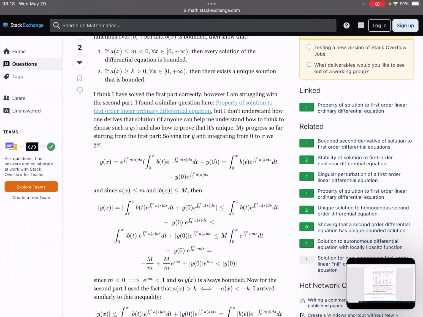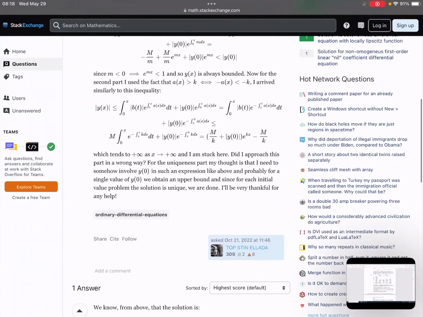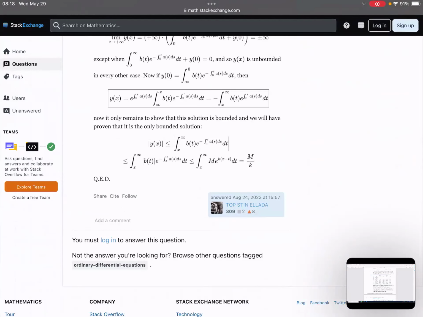At the end of the day, you will find that the y function is bounded by M over k. Let me copy all this down. With this link, it shows you how to prove it. But actually, for the specific questions, you just need to calculate the exact solution.